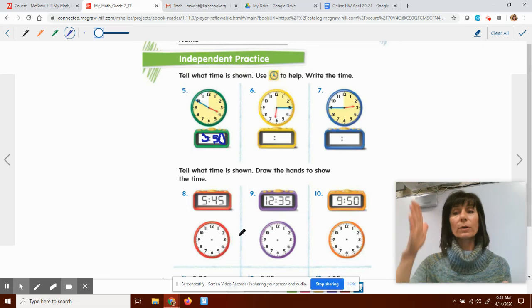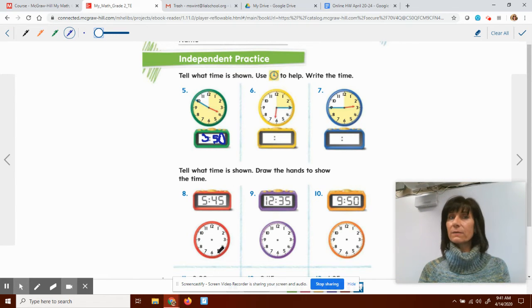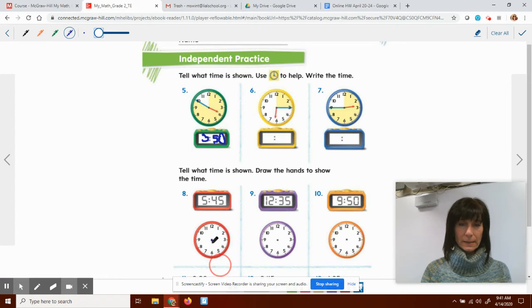So the hour hand is not going to be right on the 5, because I know it'd be 5 o'clock if it was right on the 5. And 45 minutes, well, I know, again, that's more than half past. I'm going to put my little hour hand here, kind of close to the 6, but not on the 6 yet.